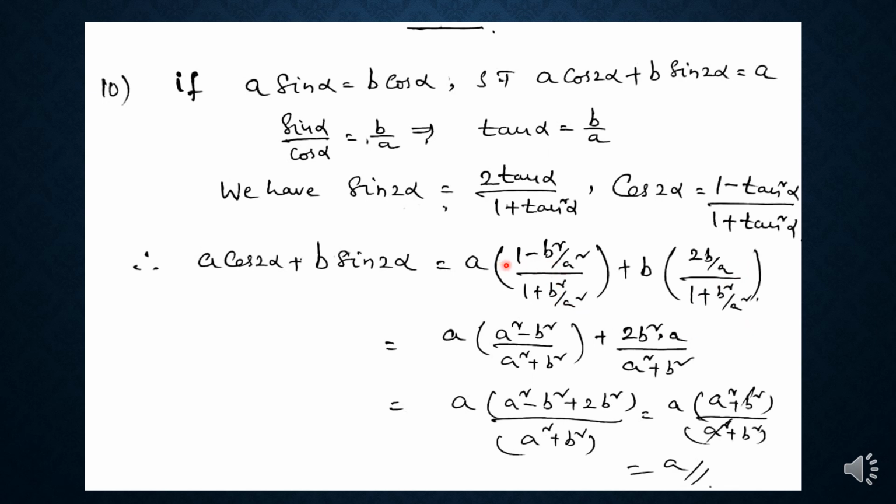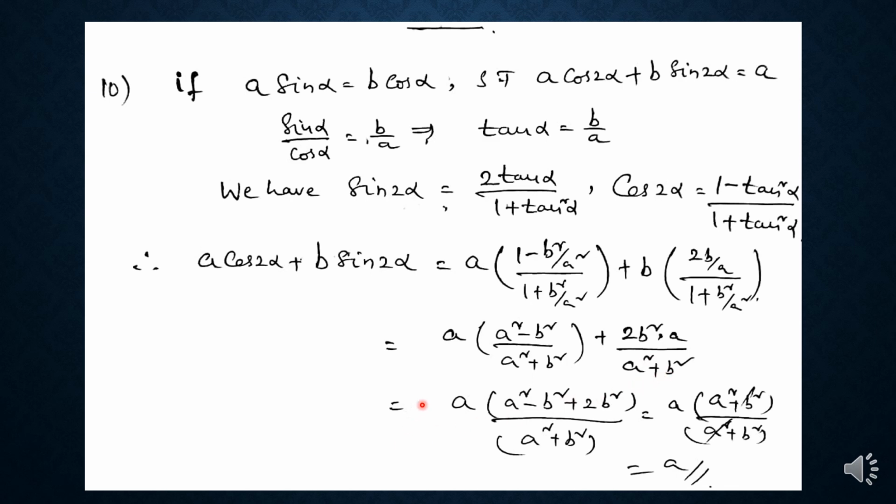So by taking LCM here, we will get A square in the numerator and A square in the denominator. Then we will get A into (A square minus B square) by A square by (A square plus B square) by A square. These two A squares get cancelled. A into (A square minus B square) by (A square plus B square), plus by simplifying this, what we will get? 2B square by A square plus B square by A square. That becomes 2B square A by (A square plus B square).